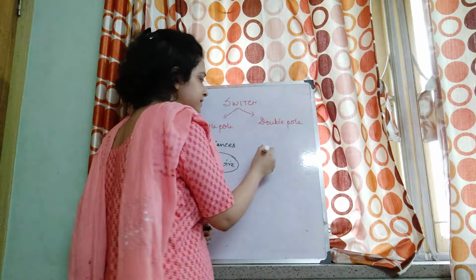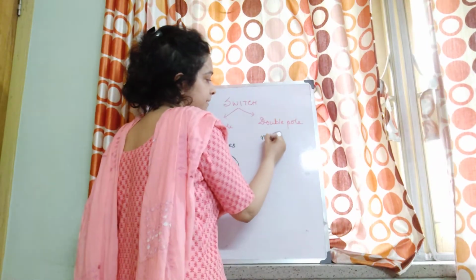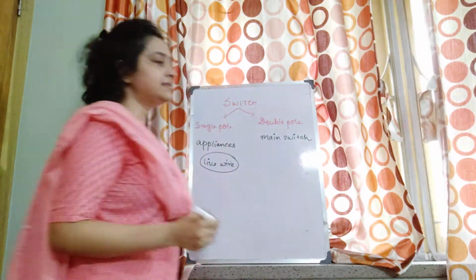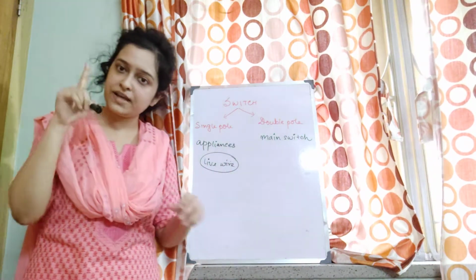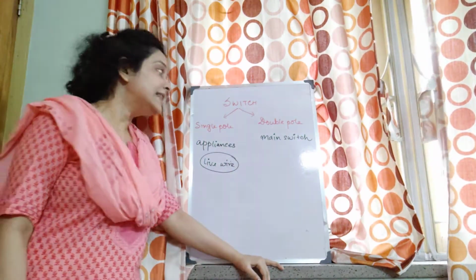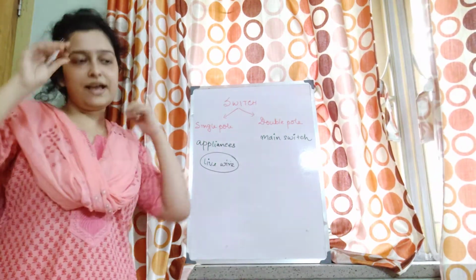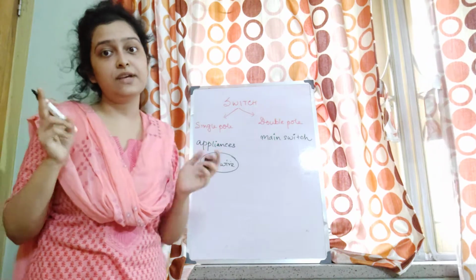And the double pole switch, remember I told you while we were doing the main switch in our house, that is the double pole switch. What is the advantage of the main switch which we have learned?